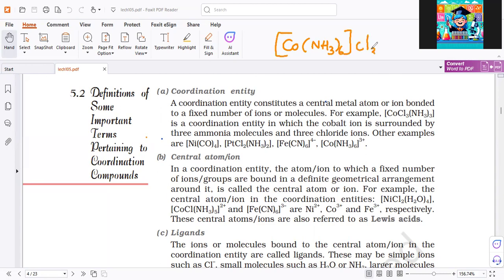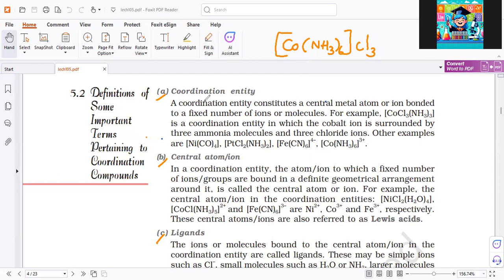There are mainly three terms that are used: one being coordination entity, second the central atom, third the ligand. So we'll see what all these things are.